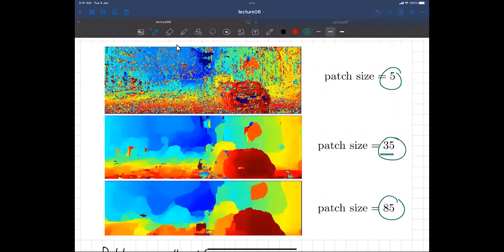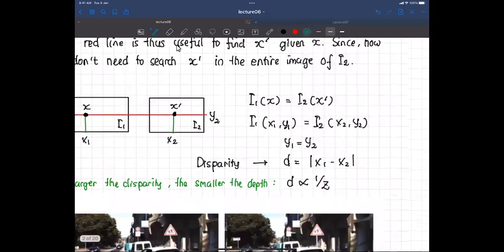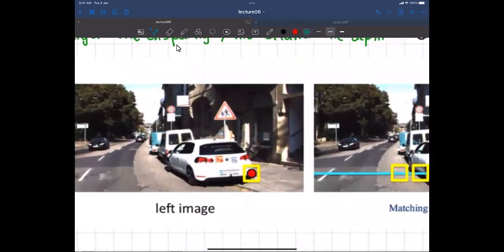If we assume 35 is the best, we apply this 35 for all pixels in the image, regardless of whether they are complex or not. When I say complex, if you look at this image here again, this part here, the white car is not that complex in terms of the texture. And in this kind of color or texture, we need to have a bigger size.